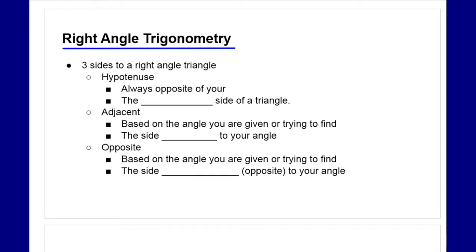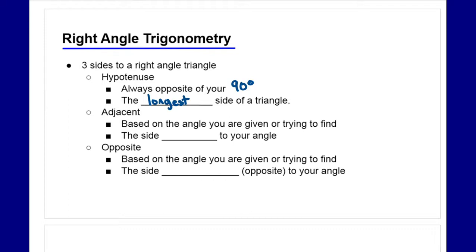The hypotenuse is always opposite your 90-degree angle. It is also the longest side of a triangle. So when we're dealing with right-angled triangles, the longest side will be the hypotenuse.